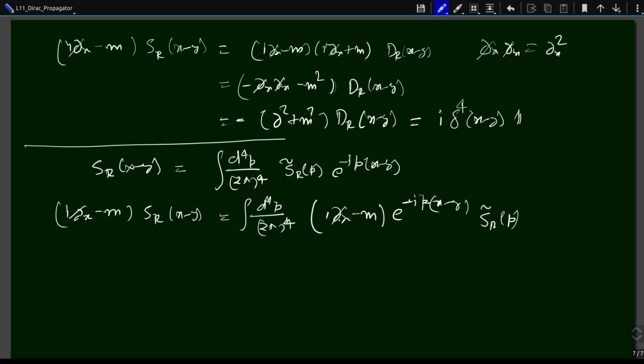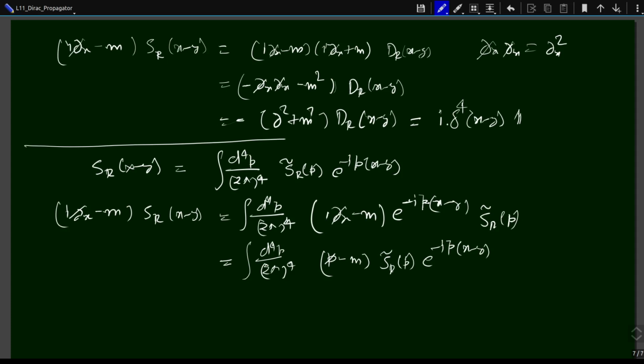It is pretty clear that when i∂̸_x acts on this, what it gives me is ∫ d⁴p/(2π)⁴ times p̸, so this gives me (p̸ − m), times S̃_R(p), which is a constant, a complex number, times exponential of −i p·(x − y).